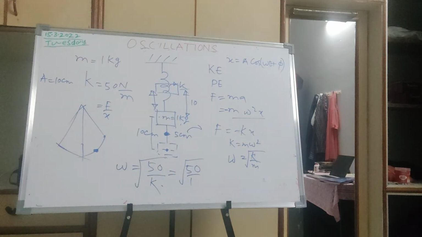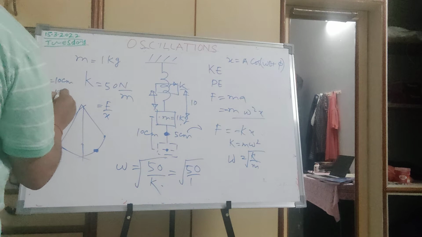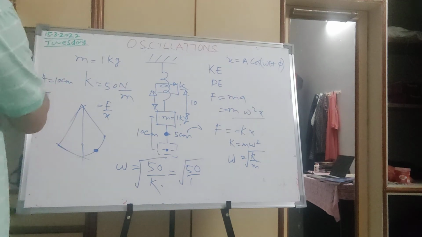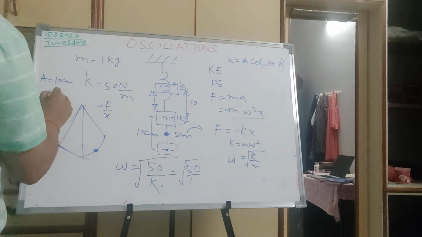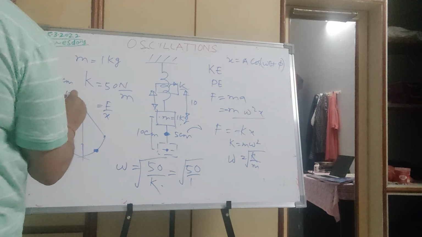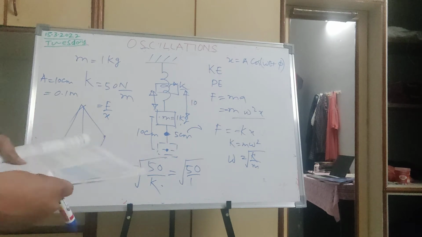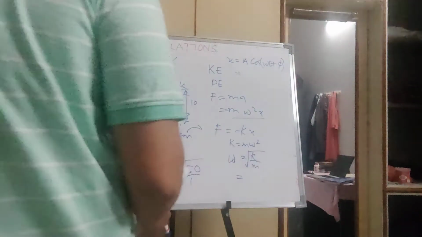So that's the amplitude, which is nothing but 0.1 meter. 10 centimeter is 0.1 meter. So if you replace it, you will find your omega value.